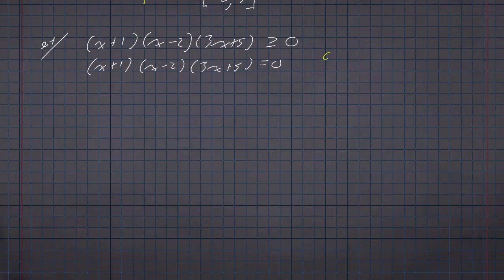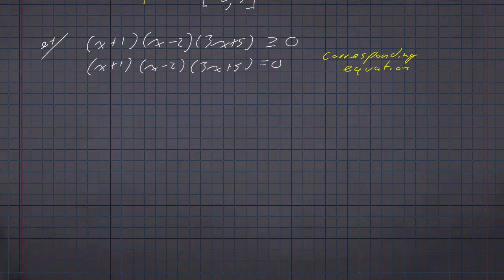Again, this is called the corresponding equation. Conveniently for us, this is given in factored form, so we're able to solve it fairly readily.